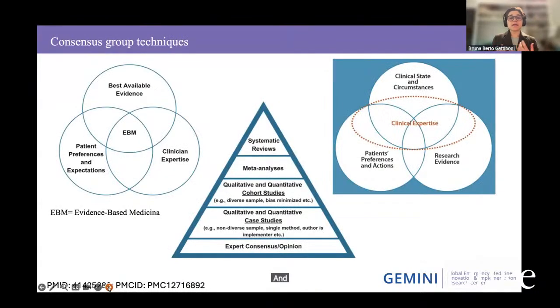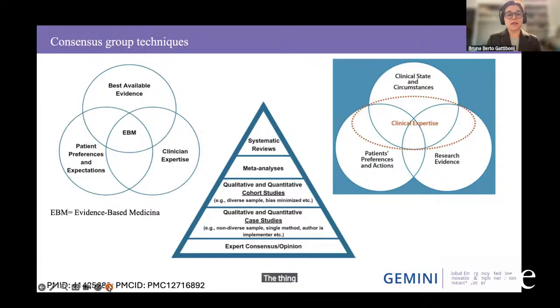But when we talk about consensus, we can ask ourselves why we use expert consensus or expert opinion if we have systematic reviews or other evidence to use to reach this answer.